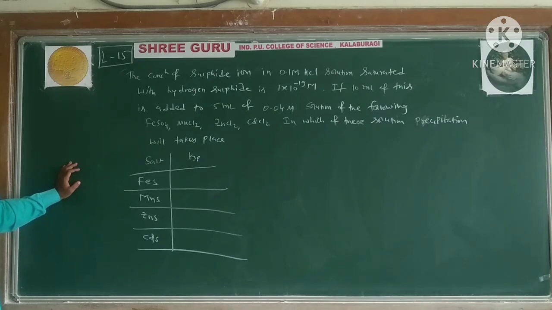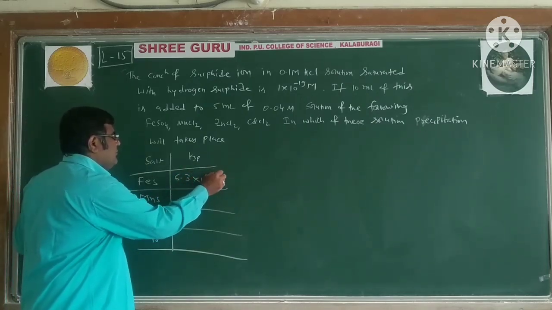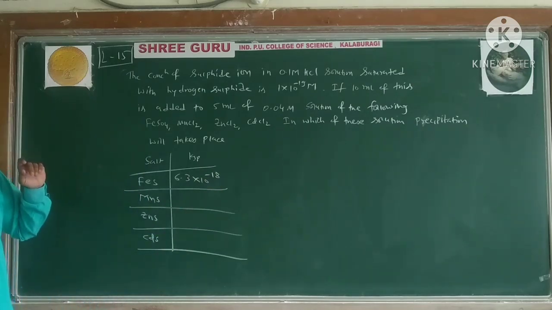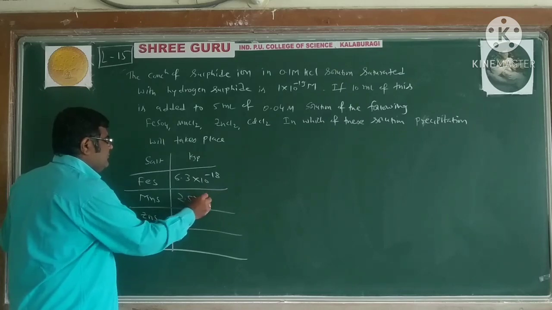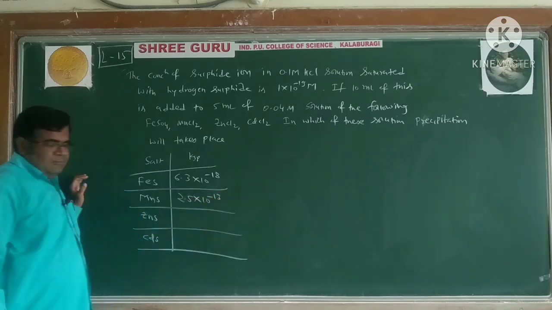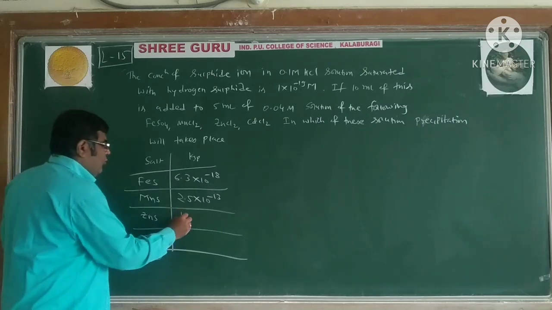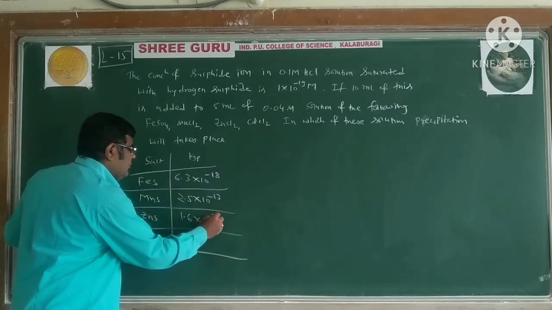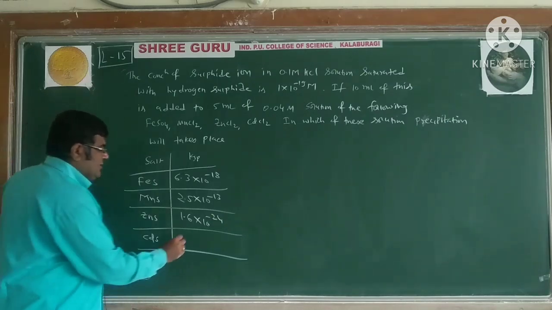It is 6.3 into 10 raised to minus 18. It is 2.5 into 10 raised to minus 13. 1.6 into 10 raised to minus 24. And 8 into 10 raised to minus 27.